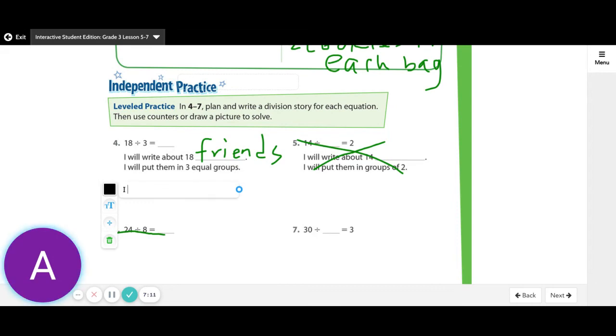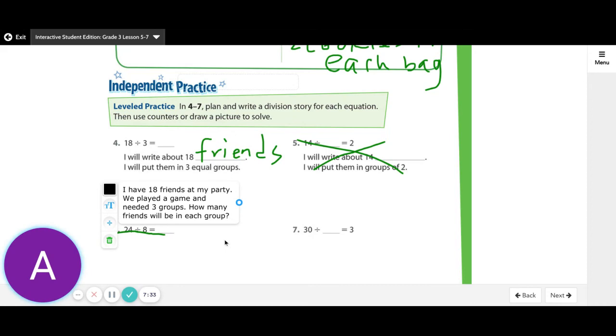So maybe I have 18 friends at my party. We played a game and needed 3 groups. How many friends will be in each group?